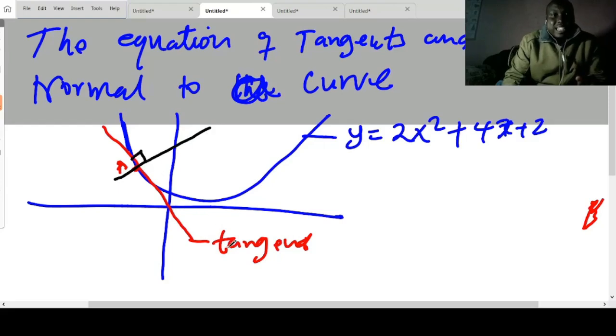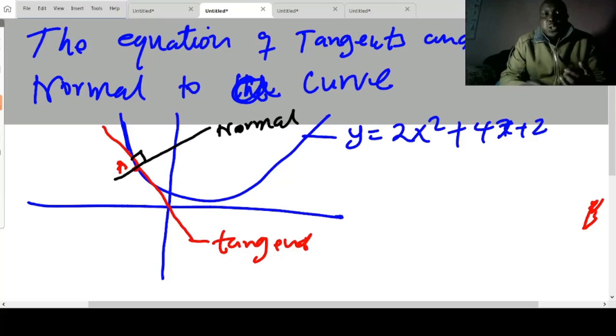So the tangent and the normal, this is the normal, they are perpendicular. They form 90 degrees at that point where they meet the curve, right? But we know that the gradient of the curve will be equal to the gradient of the tangent. So we will calculate the gradient of the curve, which will give us the gradient of the tangent.